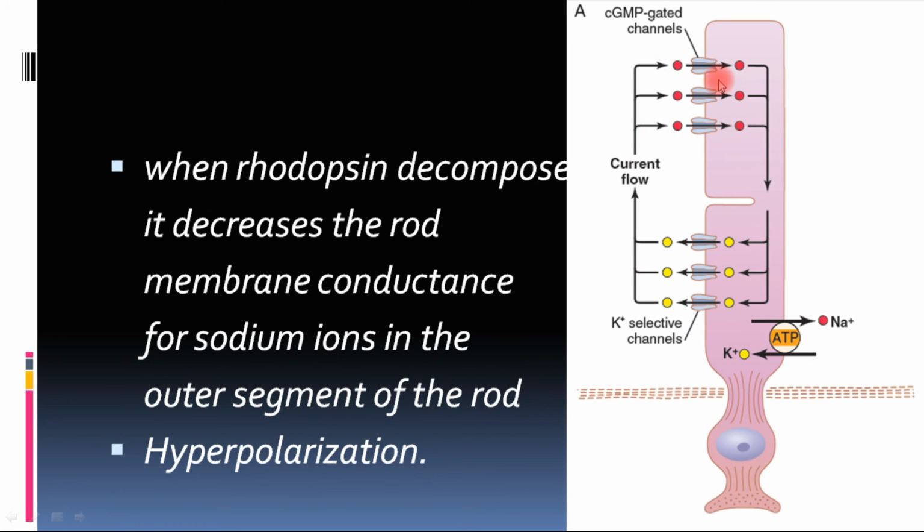As the sodium is pumped out and potassium is brought in, if this is decreased and the potassium channel is still open, more and more potassium will keep going outside. As a result it will create hyperpolarization inside the cell, and that is how this hyperpolarization gives the signal of light to the next layer of cells.